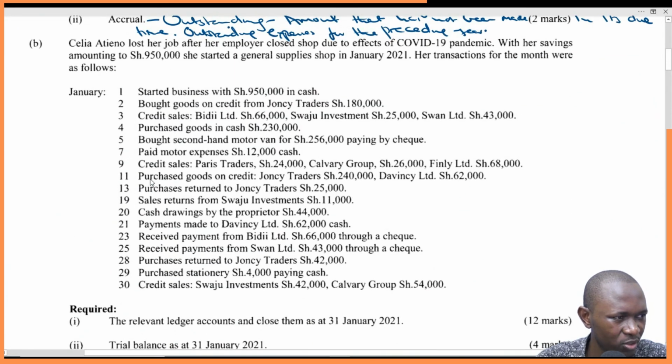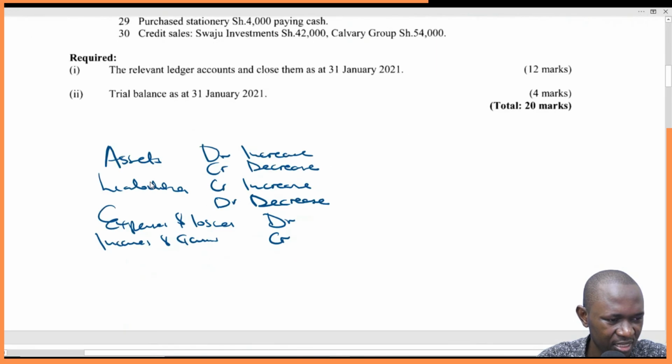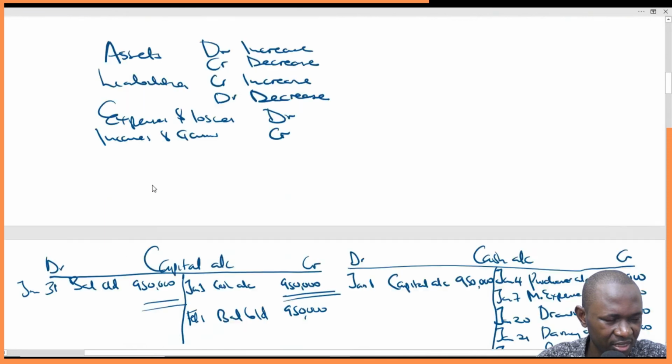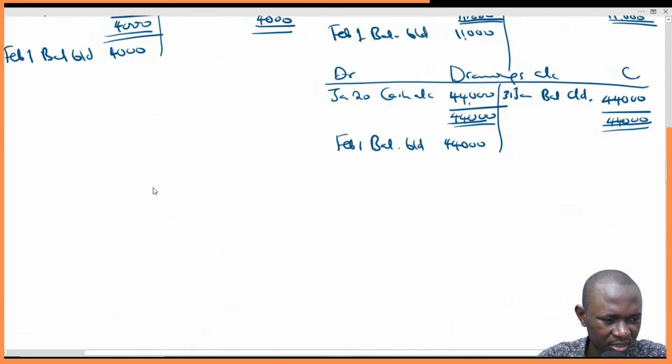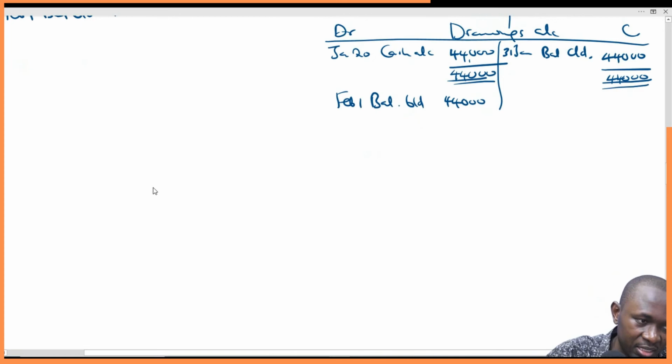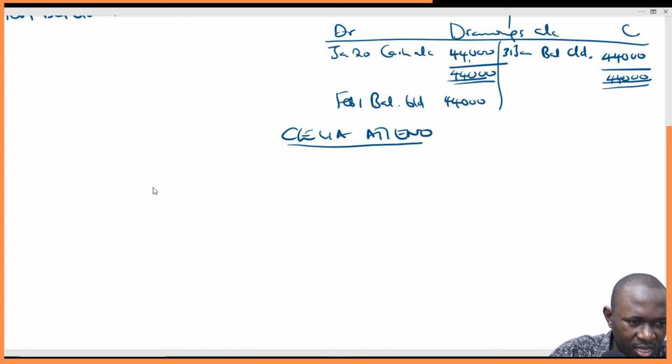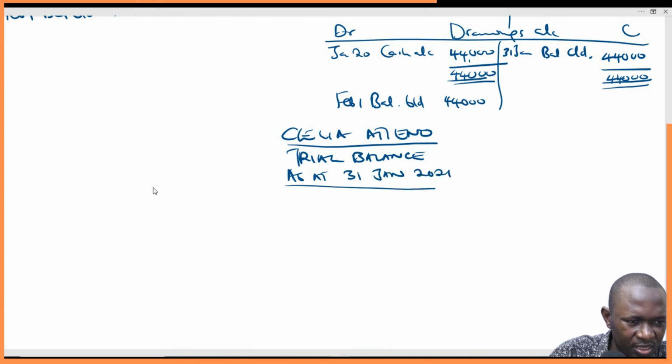So Cecilia Atieno, trial balance as at 31st January 2021, like that.